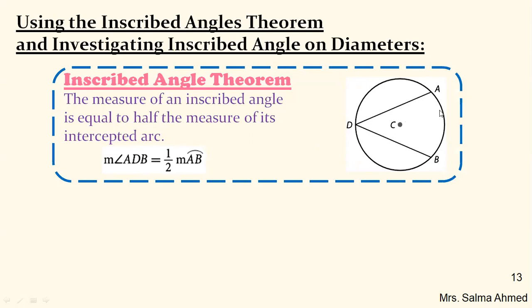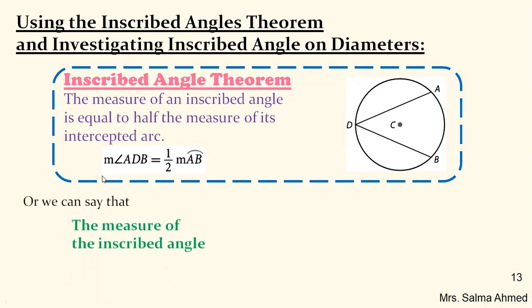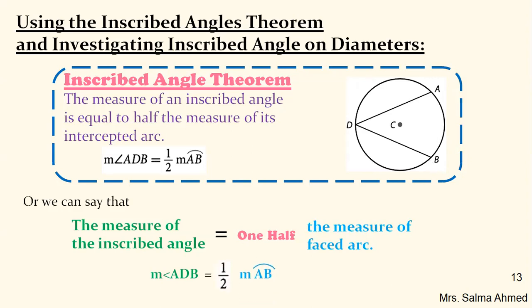The central angle is equal to that arc, but the inscribed angle is half that arc. We can say it in another form: the measure of the inscribed angle is equal to 1/2 the measure of the intercepted arc, the arc between the two endpoints of the chords. So the measure of angle ABD is equal to 1/2 the measure of arc AB.